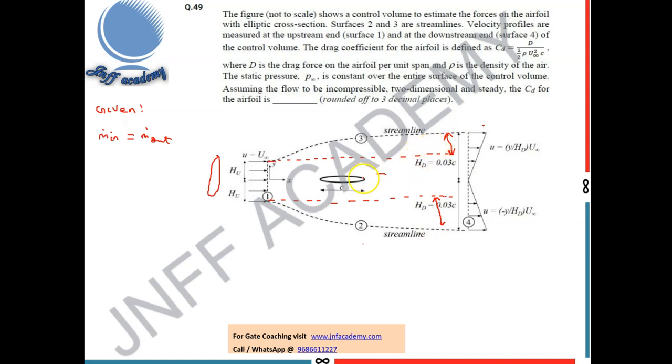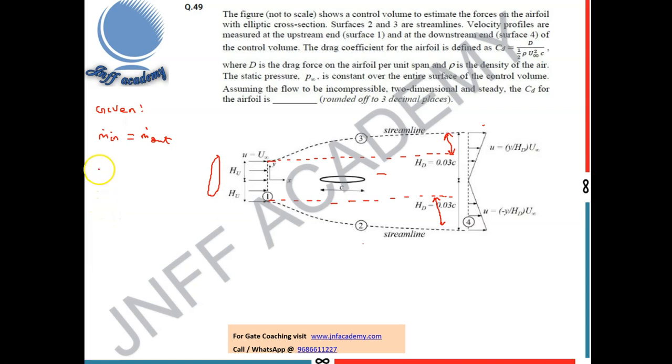That's what is given. And because of this, they have clearly given the velocity profile. Now they have asked us to figure out the drag coefficient, which is Cd of this aerofoil, because of which this momentum loss has happened. So we know the formula for drag coefficient, right?